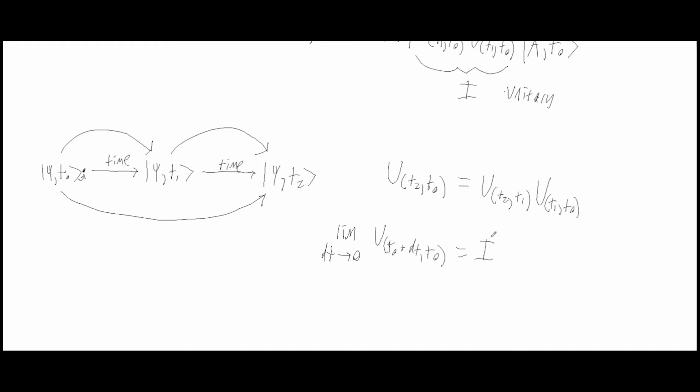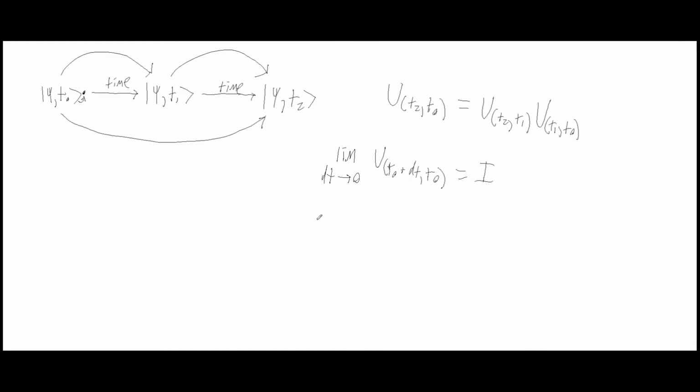And so we can talk about if there is some dt that is non-zero, if it's very small, then we can talk about U of t naught plus dt, t naught as being the identity matrix, and then we always subtract here.